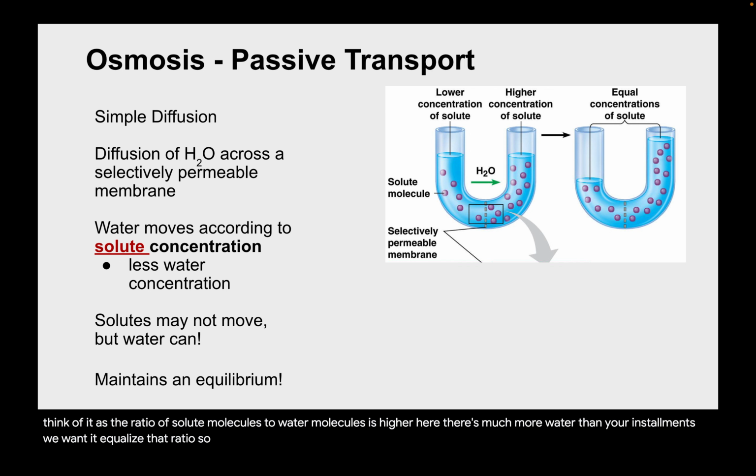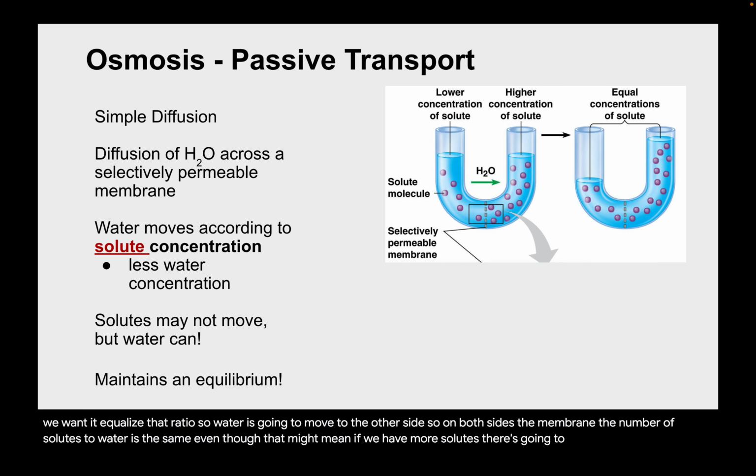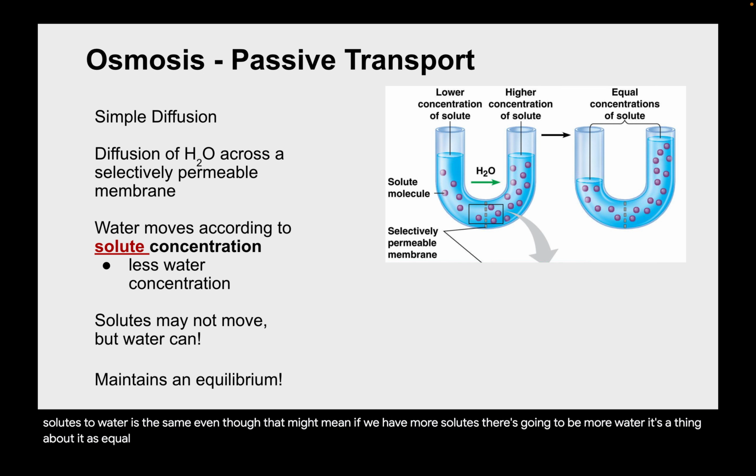So water is going to move to the other side, right? So on both sides of the membrane, the number of solutes to water is the same. Even though that might mean if we have more solutes, there's going to be more water. Right? So think about it as equalizing those ratios. Water to solute ratio needs to be the same on both sides, and water is going to move accordingly to make it so.